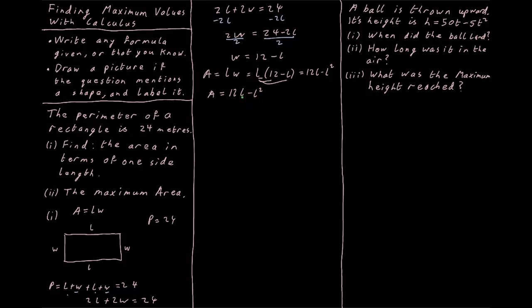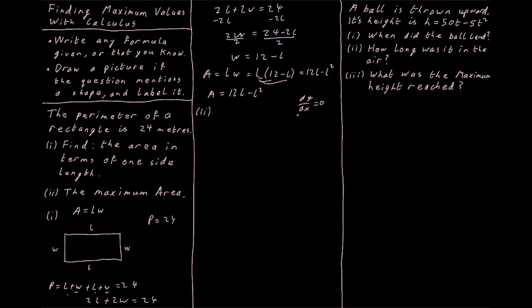L is one of my side lengths, and that's describing the area of my rectangle. So now I'm asked to find the maximum area. Well, if I want the maximum of something, I know the maximum happens when dy/dx is equal to 0, and then the second derivative would be negative for a maximum.